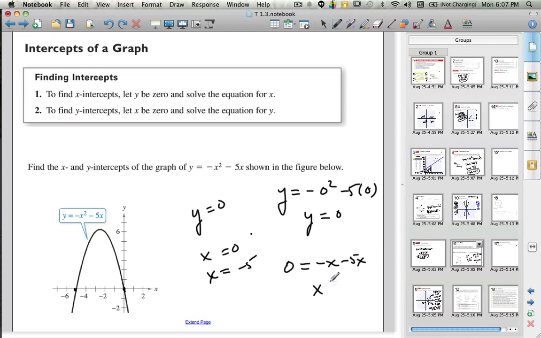I could factor this to be the opposite of x times x plus 5. And this would give me a solution of 0, and this would give me a solution of -5. And that's where I got my x is equal to -5. So I could do it algebraically, or I could do it by reading the graph. It depends what information I've been supplied.